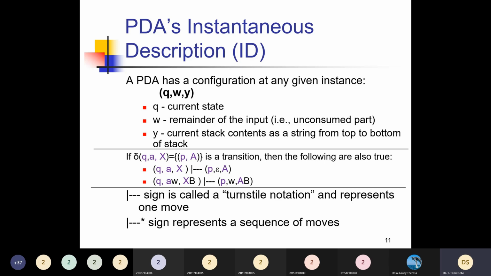We already discussed that in finite automata. Now coming to the next higher level, PDA, instead of the extended transition function, you have to use the new term, that is instantaneous description or ID.